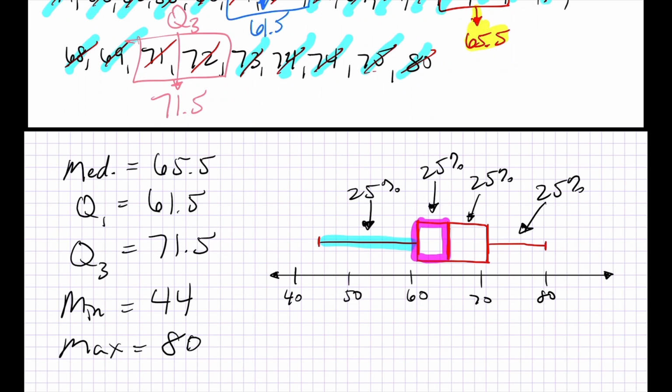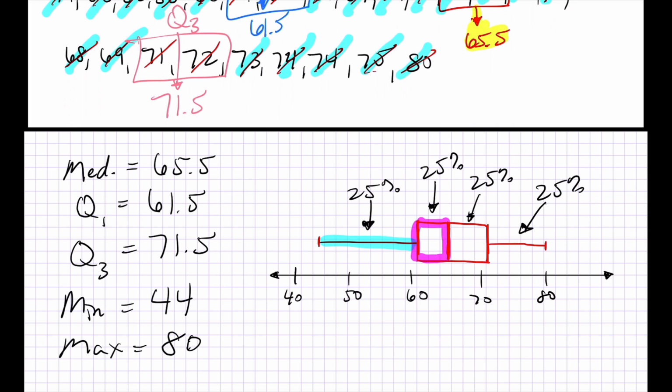So let me ask you a question. The blue extends wider than the pink, right? The blue is a little wider than the width of the pink. Why is that? If they're both 25%, shouldn't they all be the same length? Why is the blue here a little bit wider than the pink here?